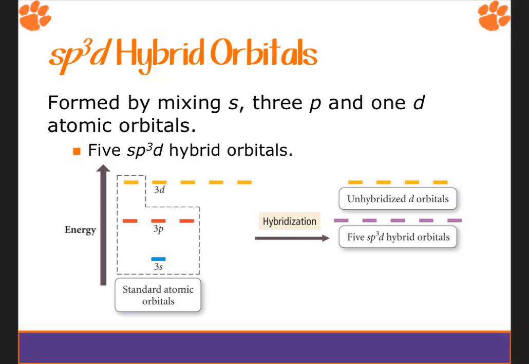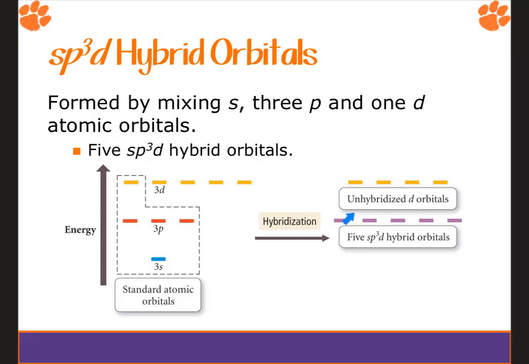So the next one we're going to look at is the sp3d hybrid orbitals. So these are formed by mixing your s orbital, 3 of your p orbitals, and 1 of your d orbitals. So this is going to make 5 hybrid orbitals together. So 1 plus 3 is 4, plus another is 5. All right, so again, they come together.